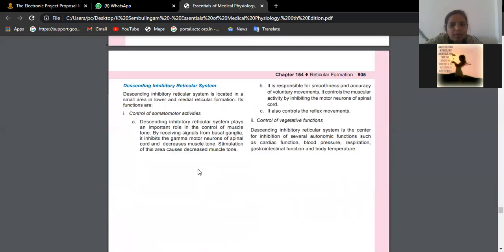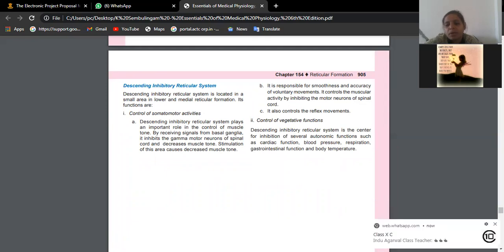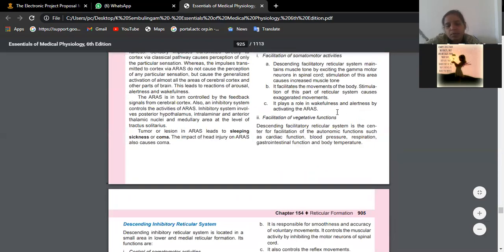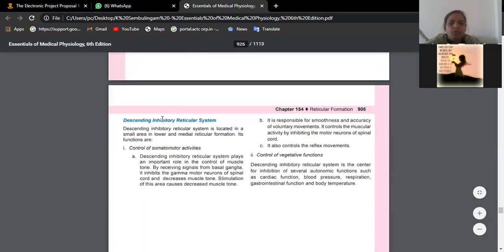The descending inhibitory reticular system is all decreasing muscle tone, decreasing the activity of the motor neurons, decreasing autonomic nervous functions, decreasing cardiac function, blood pressure, GIT function, and body temperature. Whatever we studied in the facilitatory reticular activating system, you will write opposite in the inhibitory reticular system.